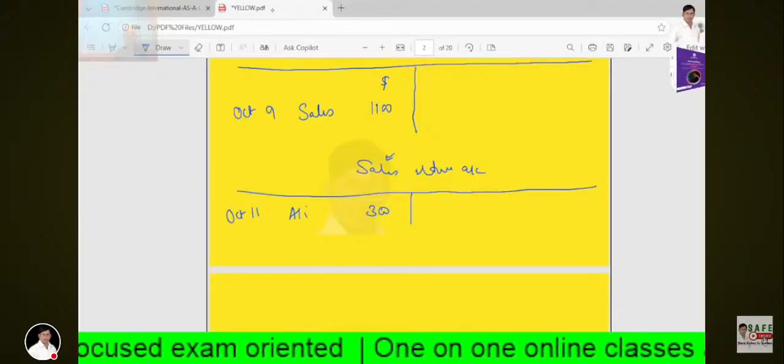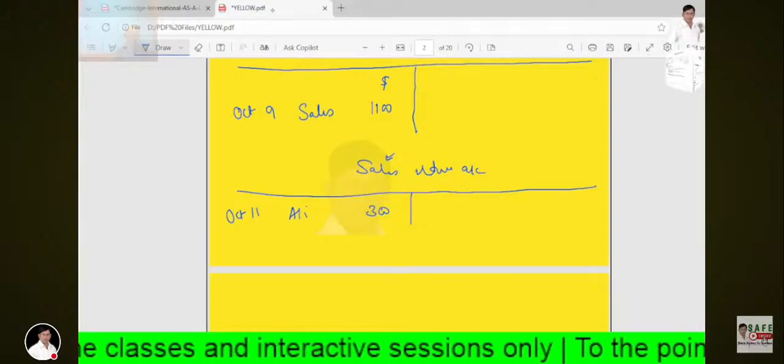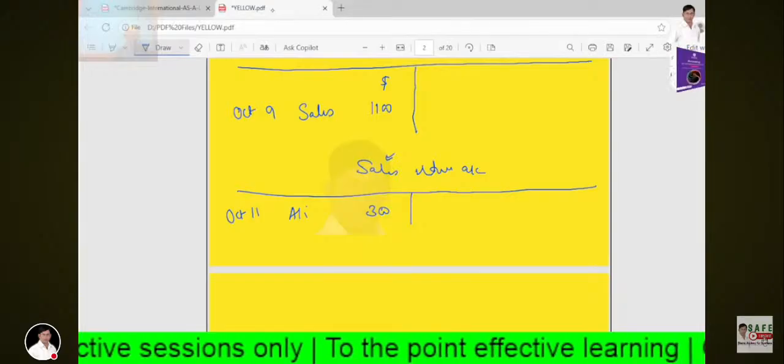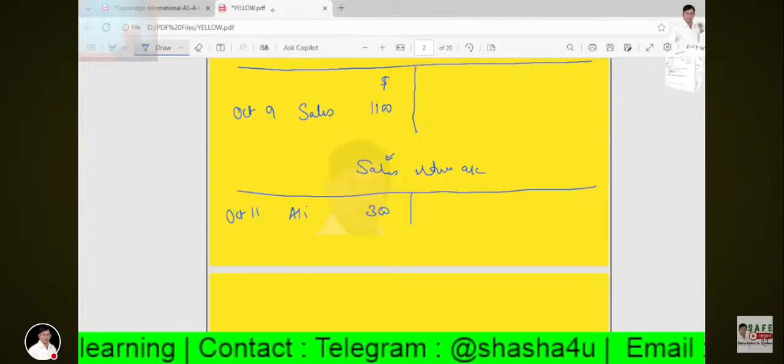So sales returns are 300 debit. The sales return account will be debited with Ali's account credited. So this is how it is.